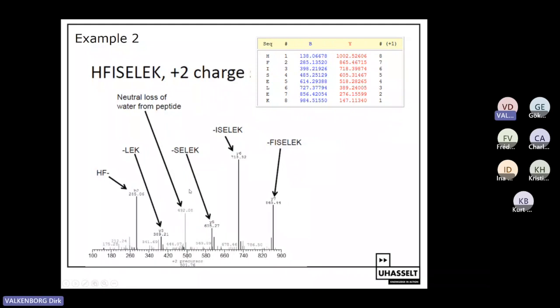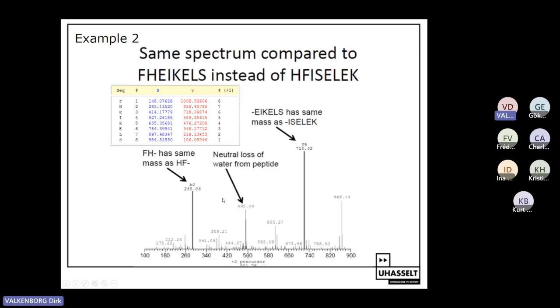So I like this example a lot, but like I said, there is some ambiguity because another explanation for this fragment spectrum could be this sequence. So if I would generate B and Y ions for this sequence, then I also can see some B ions and Y ions and conclude that this spectrum is not from the first peptide, but from the second peptide.